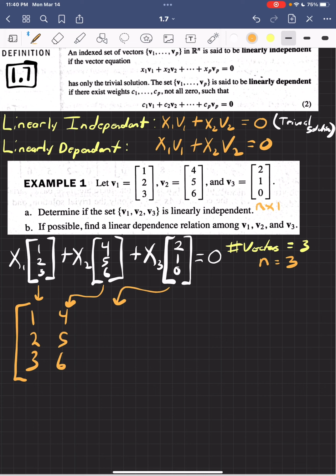And then the third vector forms the third column. Now, so far this is a coefficient matrix, right? It's not an augmented matrix. But we are going to make it an augmented matrix because this last column is formed from the 0 vector.